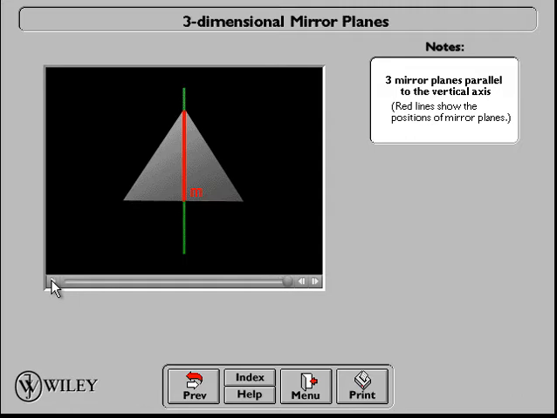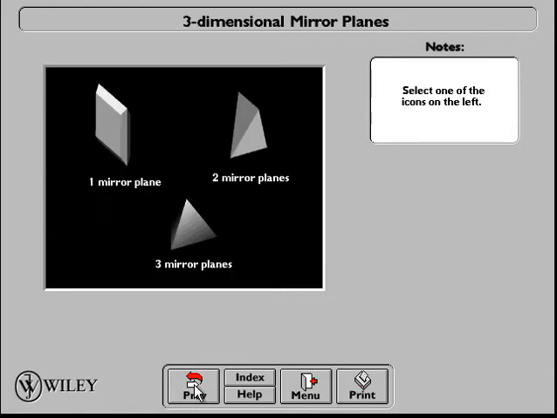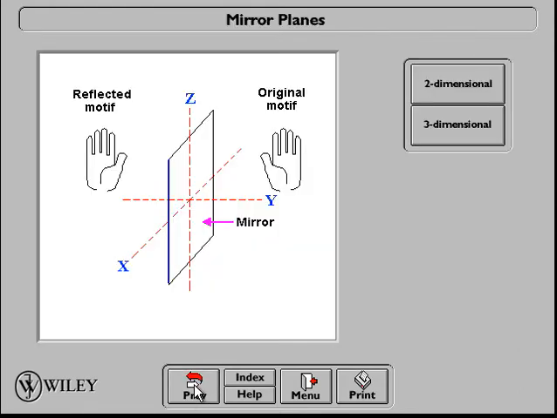So we have then three mirror planes parallel to the vertical axis. I gave you a few examples of two-dimensional and three-dimensional mirror planes.